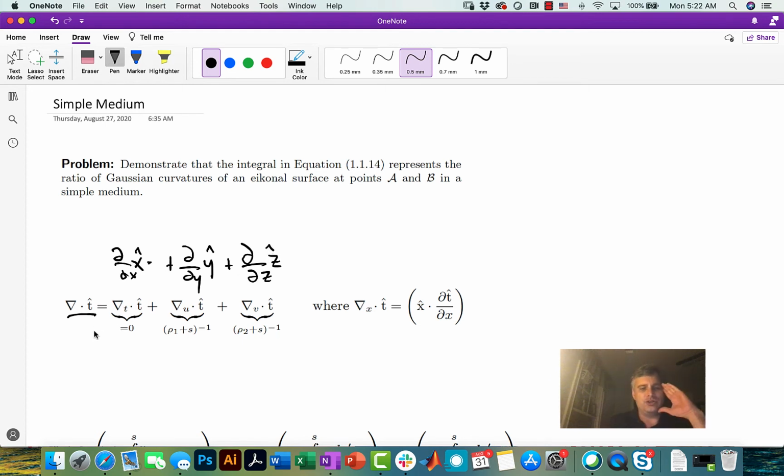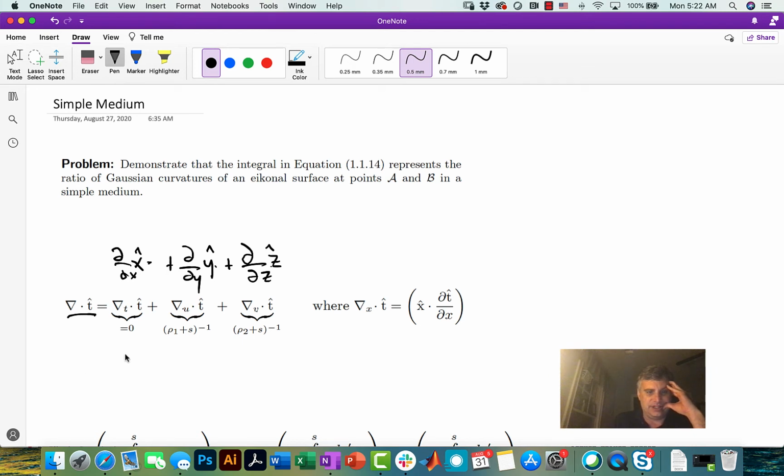So I'm going to go ahead and change the coordinate system. Instead of decomposing this with respect to x hat, y hat, and z hat, we're going to decompose this with respect to t, u, and v.